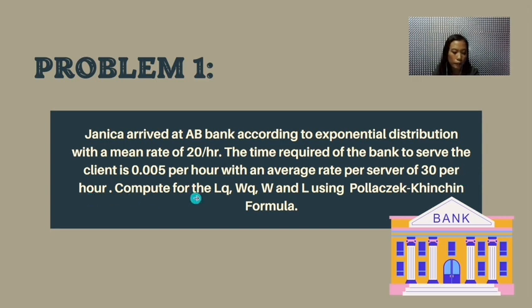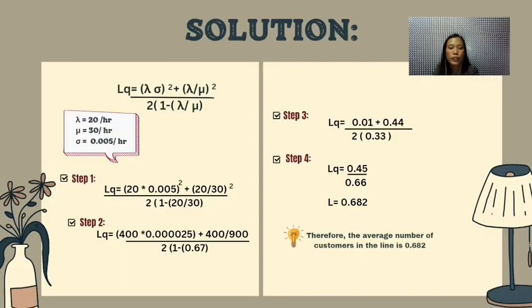Compute for the Lq, which means the average number of customers in the line, Wq, which is the average time spent in line, W, the average time spent in the system, and L, the average number of customers in the system using the Pollaczek-Khinchine formula. To calculate that, first we need to identify the average number of customers in the line, because this is the basis for calculating the other quantities.